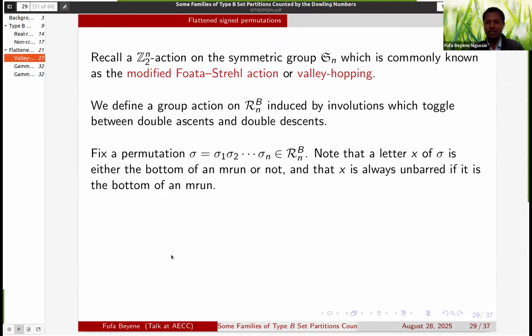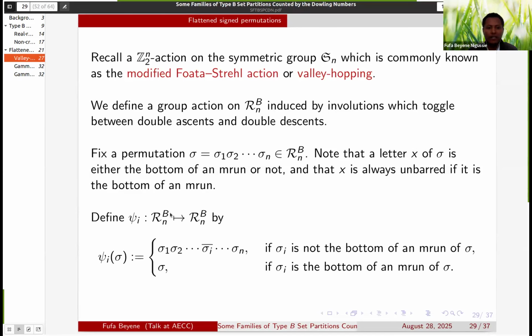How do we define this action? Consider any flattened signed permutation sigma. If you have a letter x, it is either the bottom of an M run or not. If it is the bottom, it is always unbarred. So using this, we define the following mapping: psi i from this set to itself, according to the following definition.